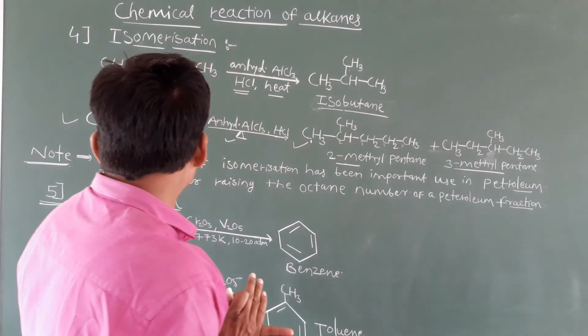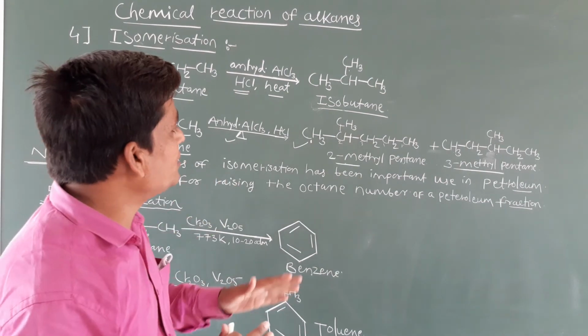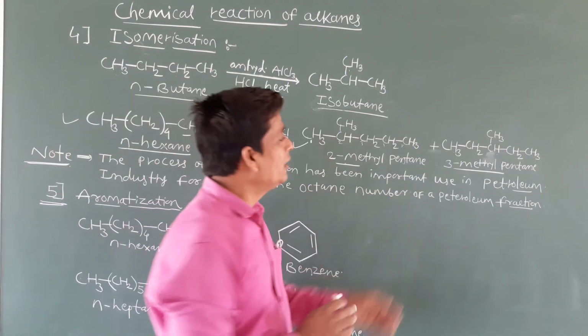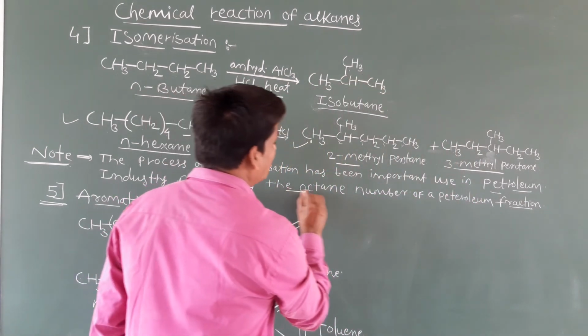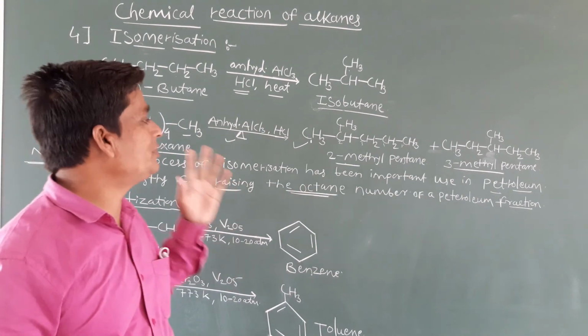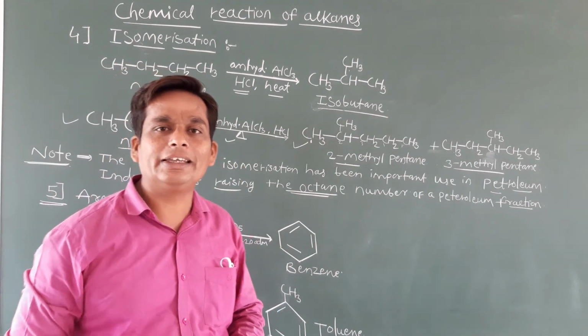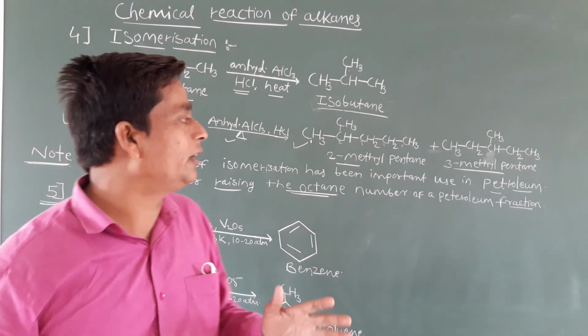Now clear students? An important note: the process of isomerization has an important use in the petroleum industry for raising the octane number. So this is very important. Why? Because it can increase the octane number.